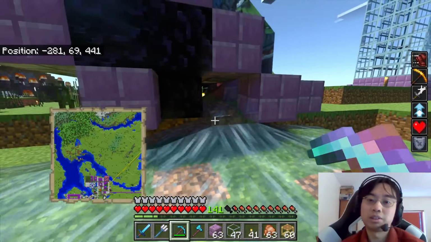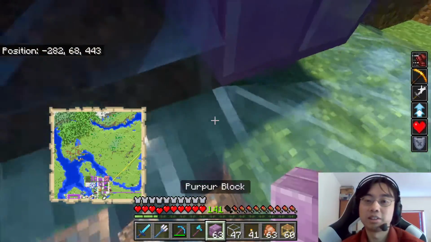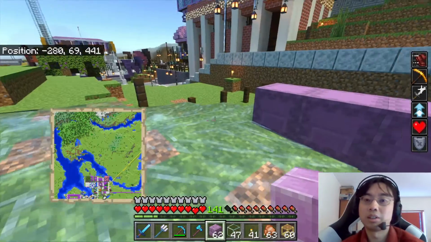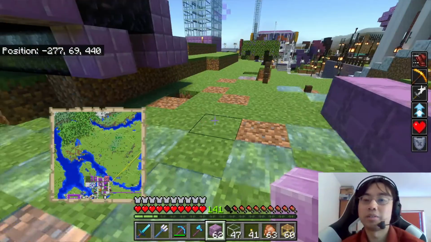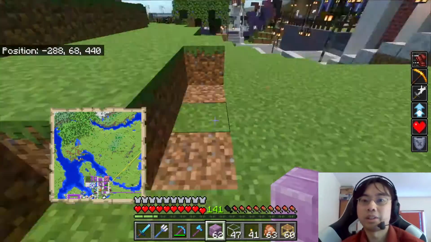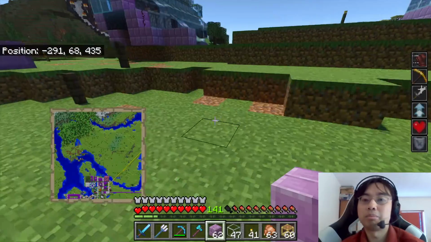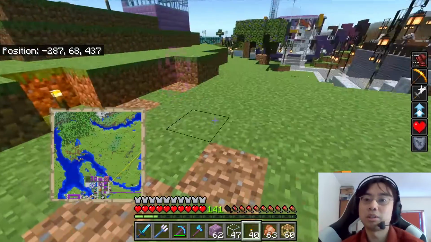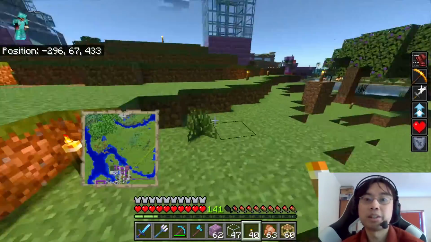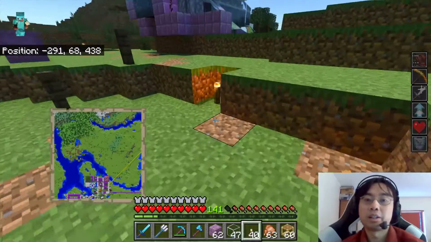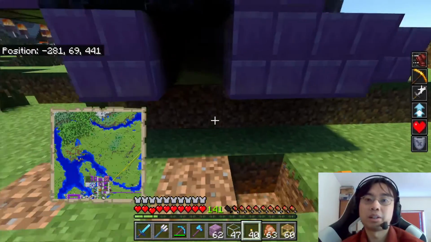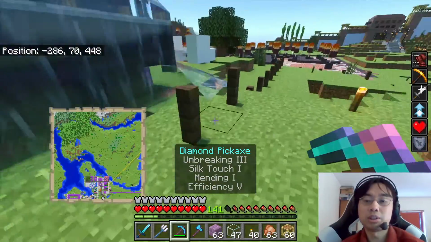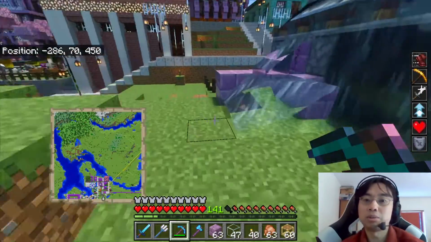Oh, there's a hole here? Okay. There was a torch here. I don't even know where it went now. Alright, so that's gonna catch the water, that's gonna catch the water, that's gonna catch the water.